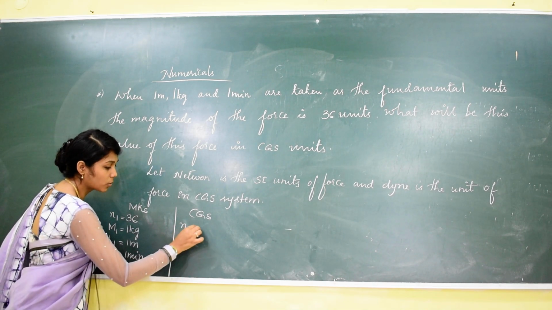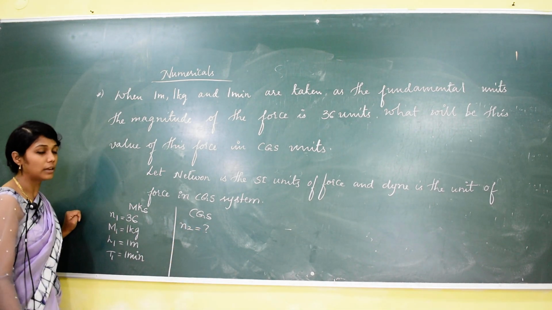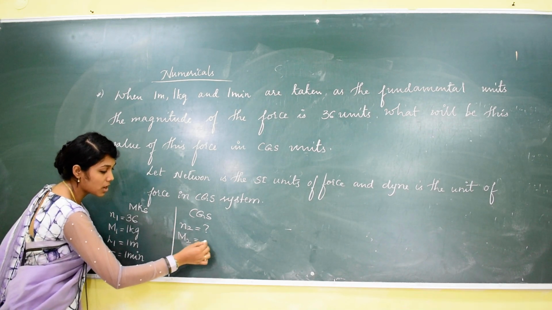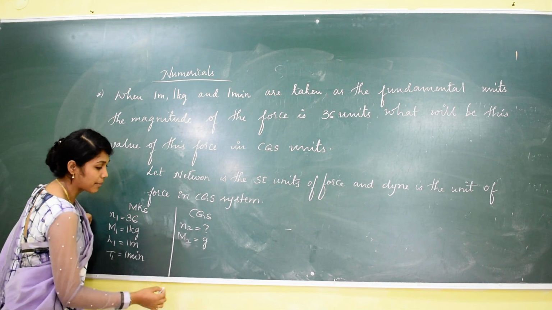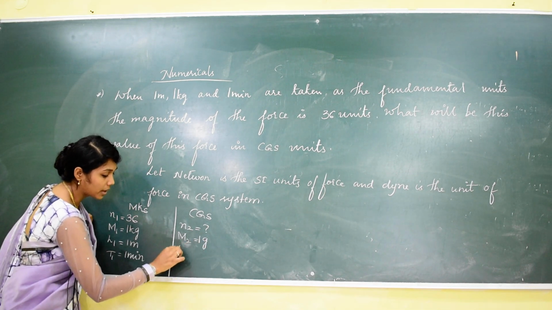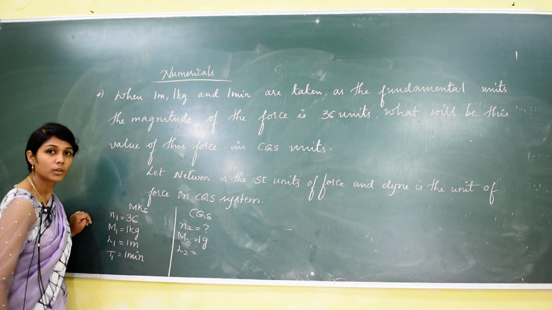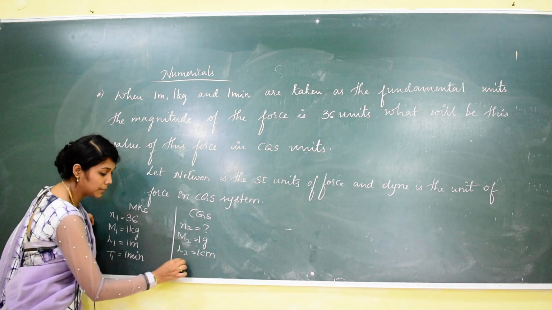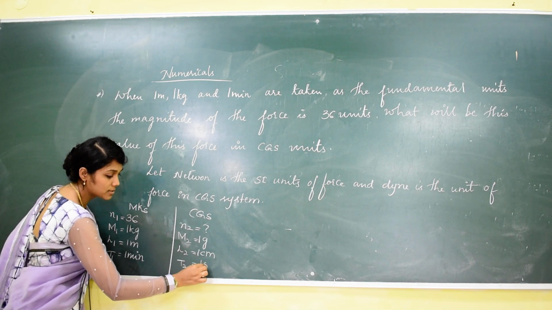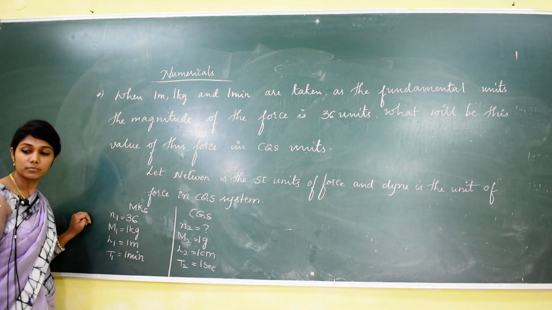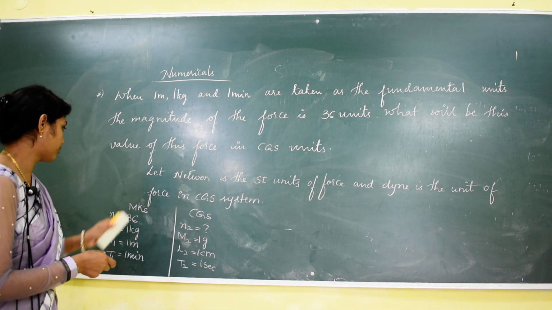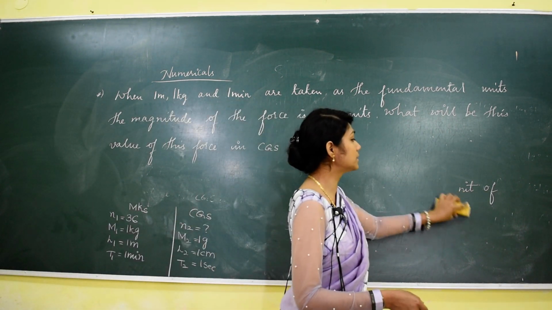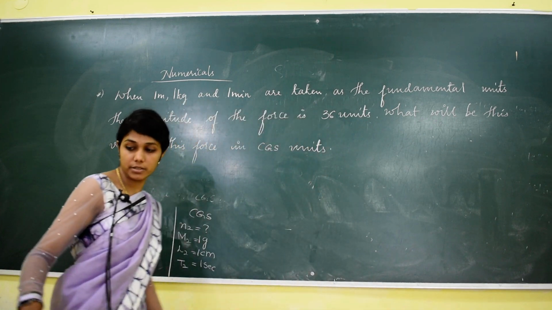And in CGS, the value of n2 is what I have to calculate, so put a question mark there. M2 is mass in terms of gram, write 1 gram, L2 is 1 centimeter, and time T2 will be 1 second. Hope you have remembered this formula to calculate the value of n2, because we discussed it in our previous session.